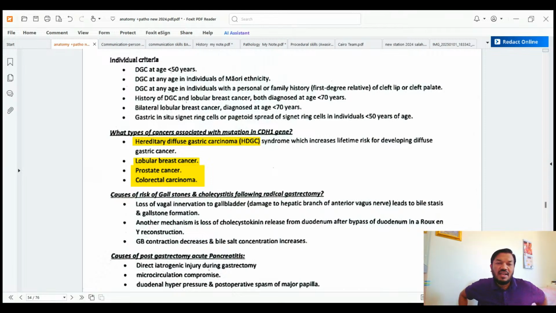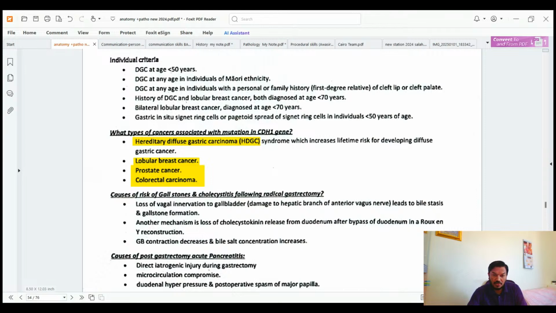Damage to the hepatic branch of the anterior vagus, causing loss of vagal innervation of the gallbladder.